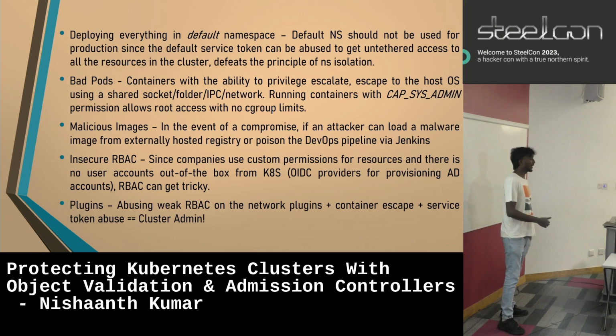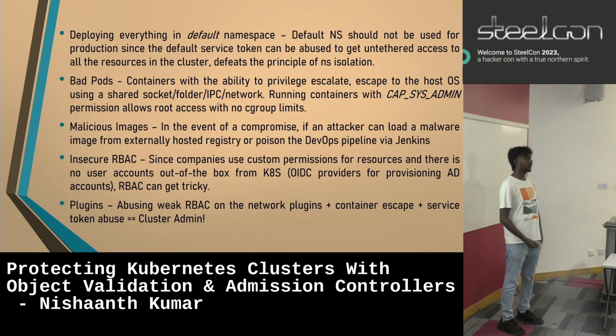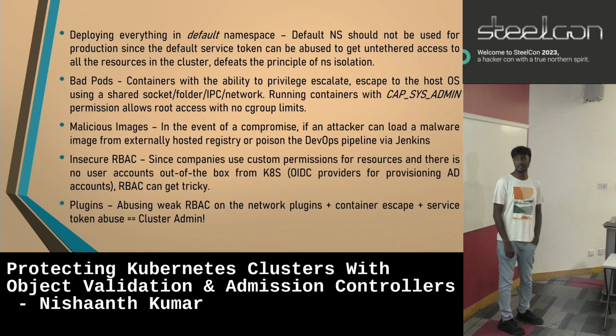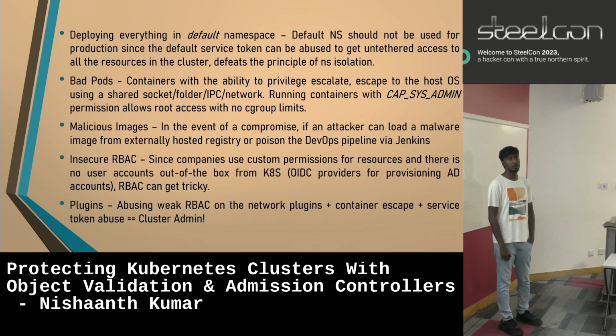By default, the RBAC plugin is enabled in the cluster, and it's just that the cluster admin should create policies if they want a new policy or a custom policy. They need to create a new cluster role or a normal role and assign it to a specific user. And the last one being plugins. Kubernetes uses a lot of plugins, like Calico and a lot of networking plugins.